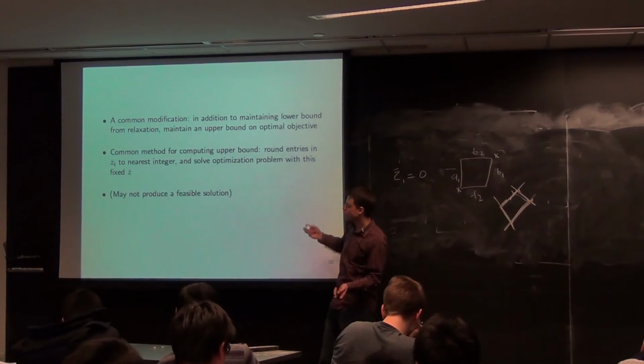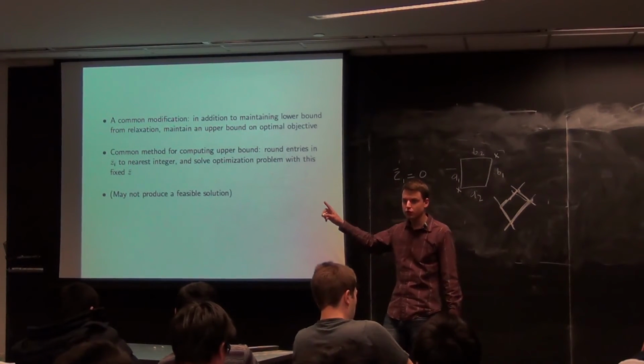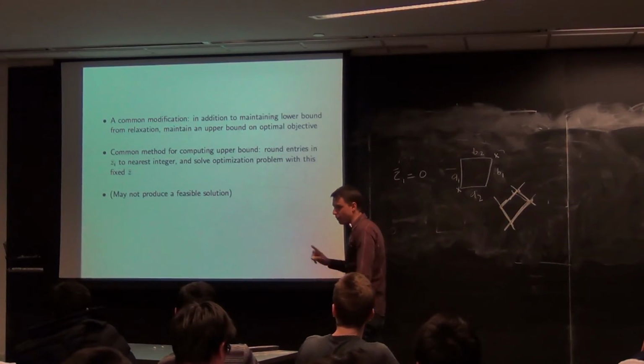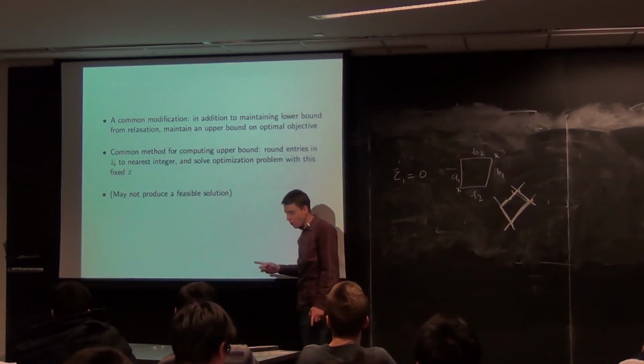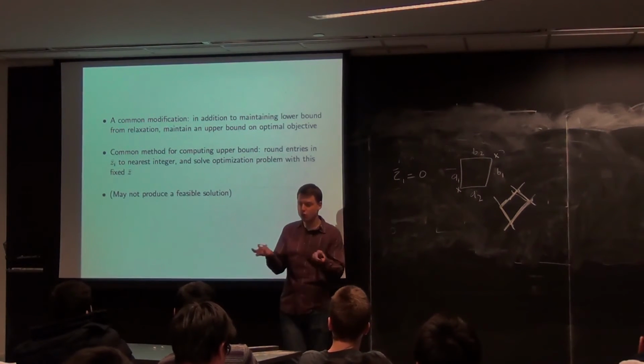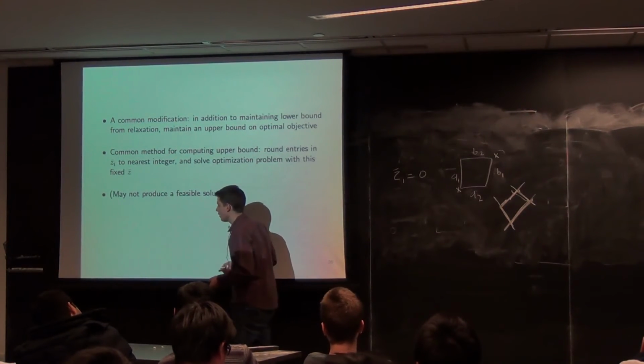And so one thing that's very common is that in addition to generating lower bounds with the method using the relaxations, we also generate feasible upper bounds. There's a couple ways you can do that, but the most common way is you take all the values of z in your current iterate, you round them to the closest integer value, breaking ties randomly if you have a tie.